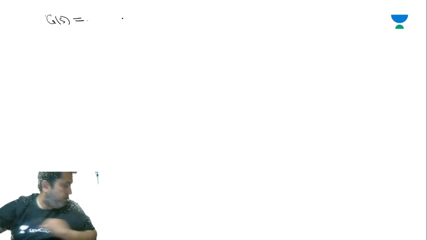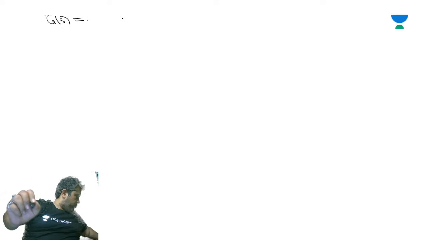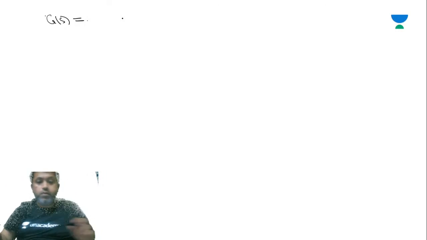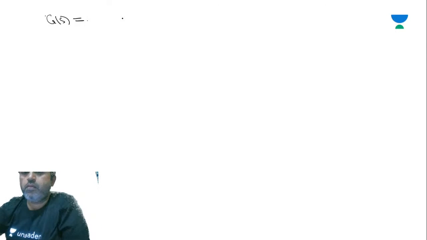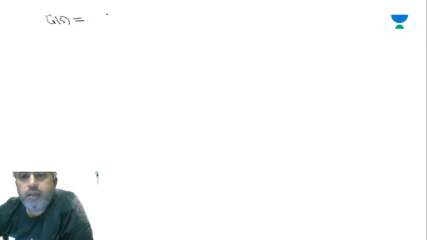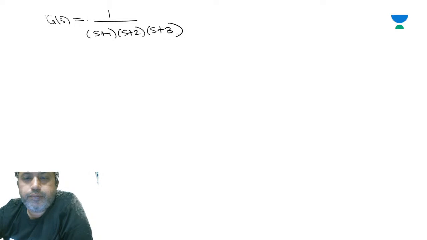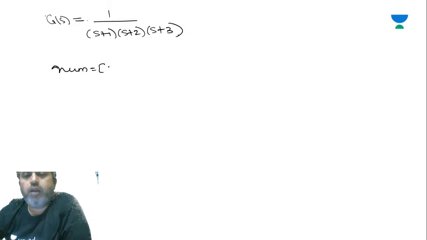Stability program. So let us say our system is 1 upon (s plus 1)(s plus 2)(s plus 3). So what is the numerator? 1.